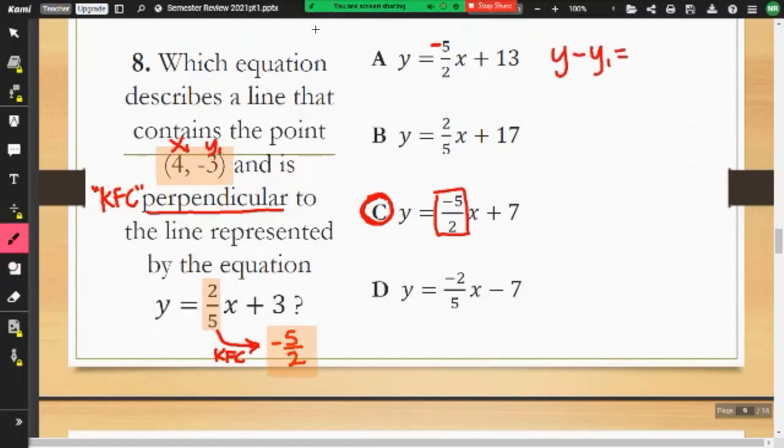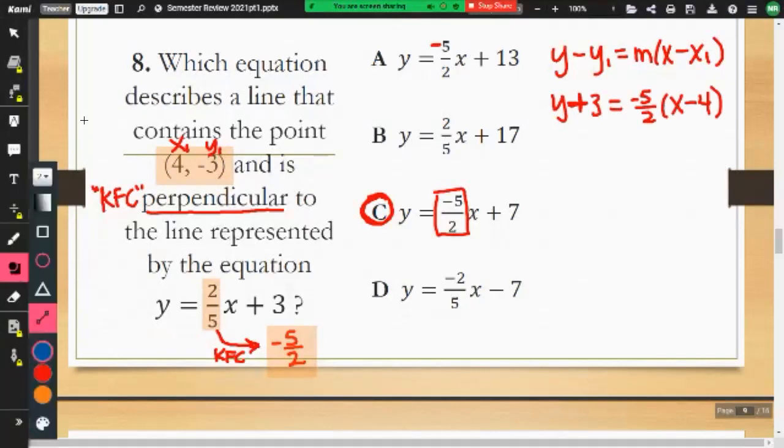Y minus y1 equals m times x minus x1. So y goes with y minus, we're plugging in a -3. My slope is -5/2, x minus x. So x minus a +4. So it stays as a minus. Only the double negatives connect and change to a positive.